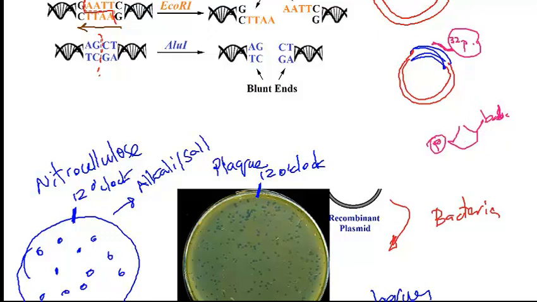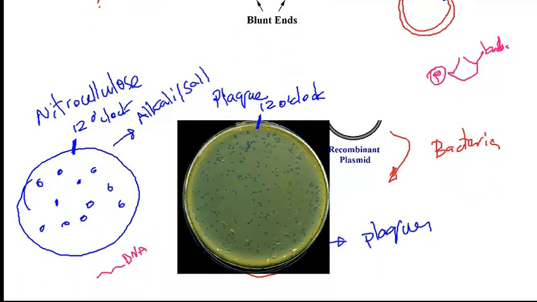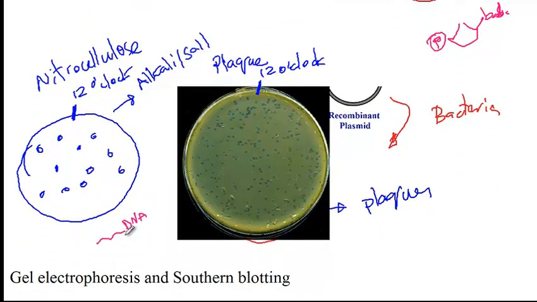So the probe that we are using here is complementary to our gene of interest and is also radioactively labeled with the P32 isotope. Now we will incubate the nitrocellulose paper with our probe, and this probe will bind to the DNA fragments that actually carry the gene of interest.